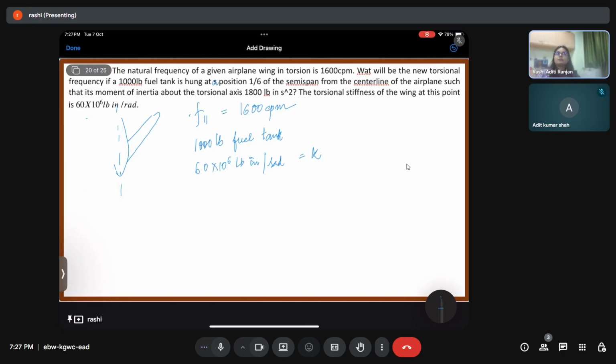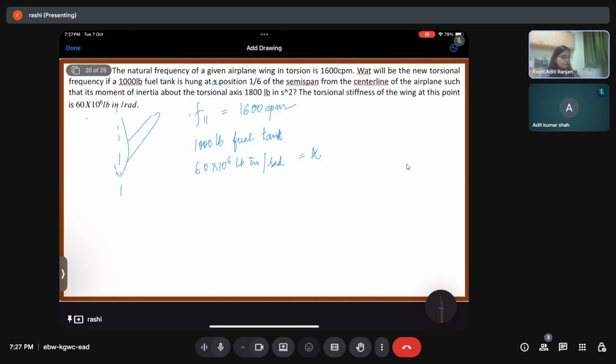As discussed earlier, it was the frequency of the exciter, not considering the mass of the structure. The exciter is mounted on the structure, but we consider only the mass of the exciter. So here we will consider the mass of the fuel tank, which is already fixed on the wing, and we don't consider the mass of the wing, but only the stiffness at that point.